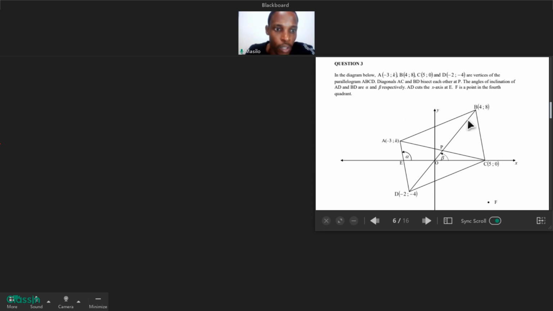On the sketch they drew point F somewhere here, far from the sketch itself, but they said that F is in the fourth quadrant.